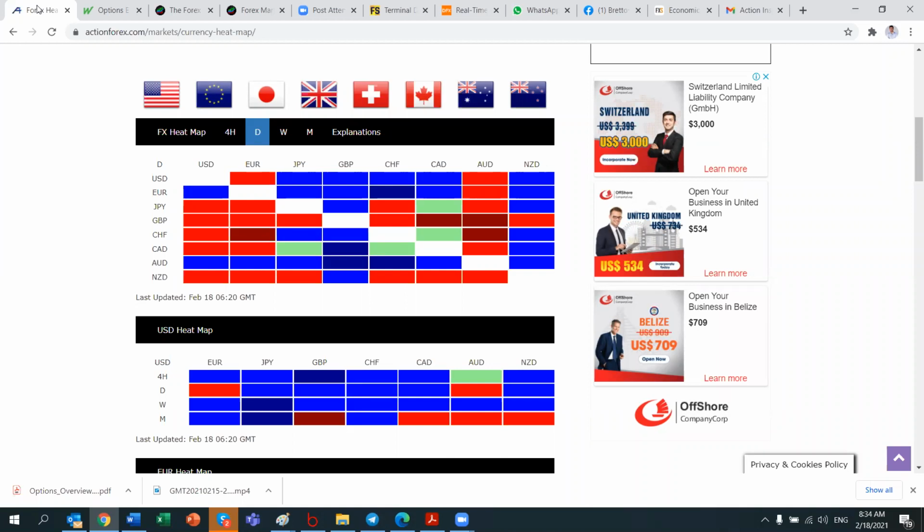Usually it's a positive correlation, meaning that when there is inflation in the US, it would push up the US dollar, and then gold would fall down, and vice versa. So there is a bit of a negative correlation there at this moment.